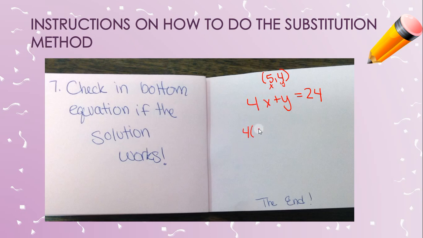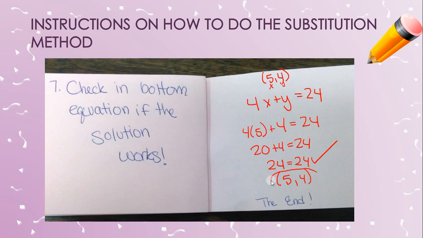So 4 times 5 plus y, I know to be 4, equals 24. 4 times 5 is 20. 20 plus 4, 24. And 24 does equal 24, so it checks out. So that lets me know my answer to this system is 5, 4.